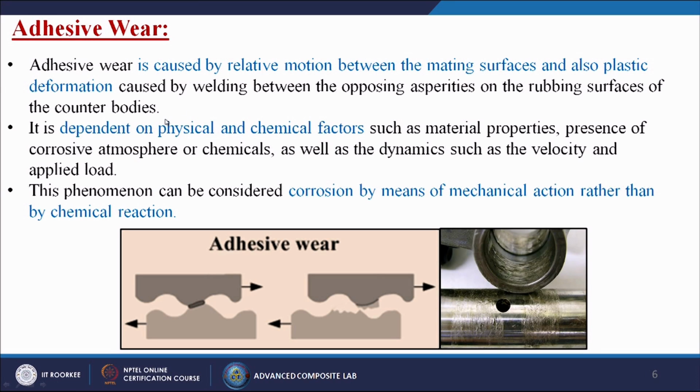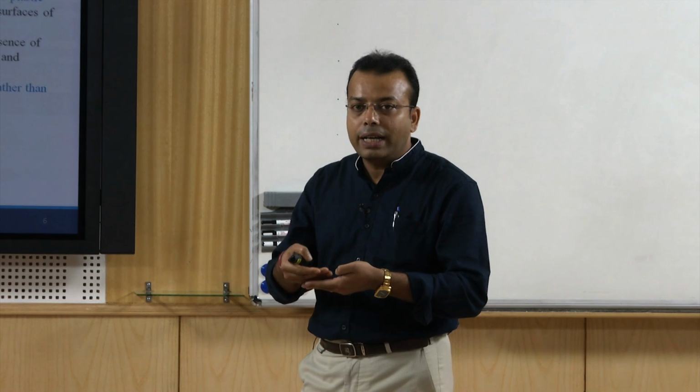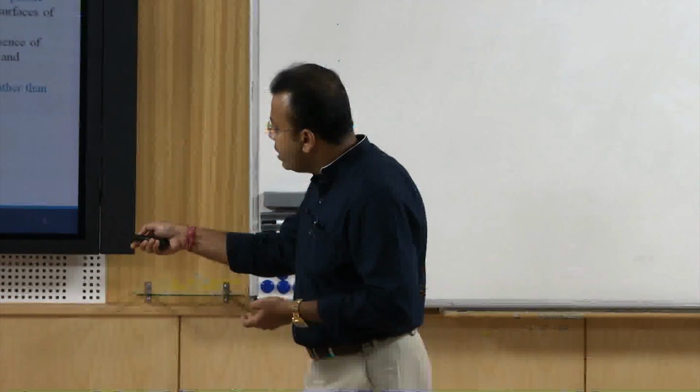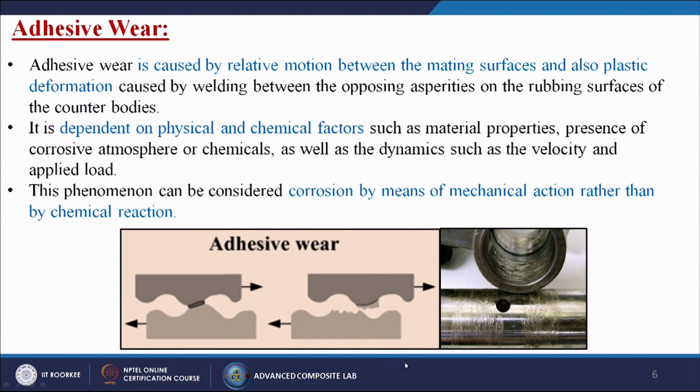From that figure itself you can understand that two bodies are moving in opposite directions, and when the sharp projections are continuously touching, some localized welding takes place between these two surfaces. Then when both are cooling down, some material from the softer material will come and stick together with the harder material and the wear will take place.